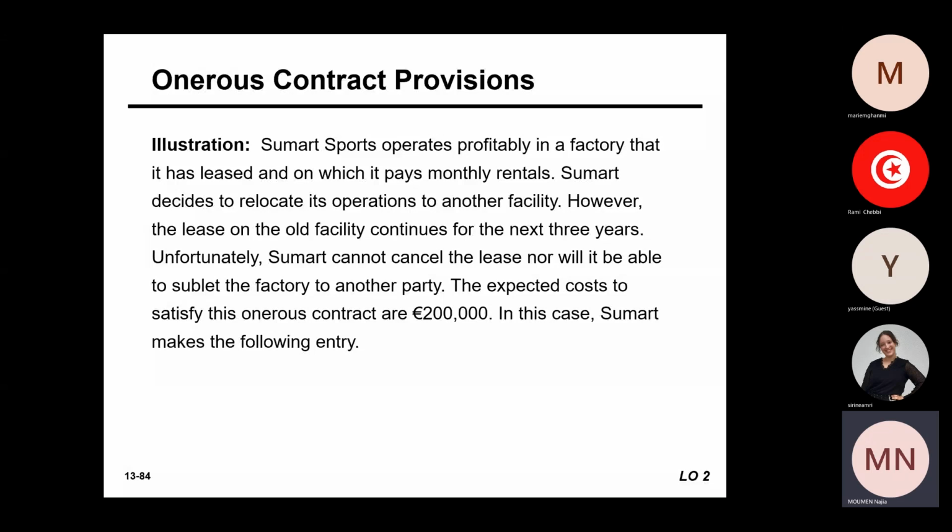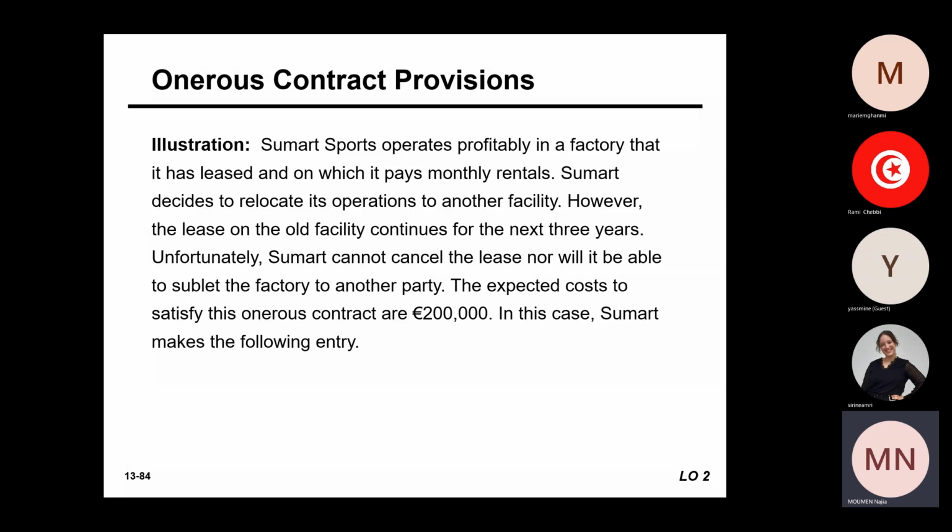So you see here, for example, in this business situation you are obliged to change your location, but unfortunately you already leased an old facility, and this lease contract is pending. You cannot really cut or exit.